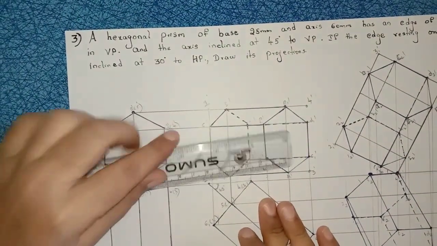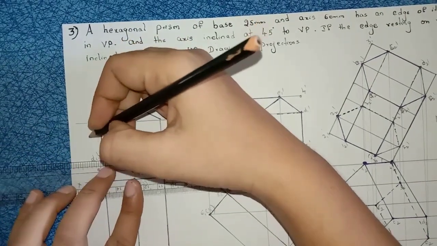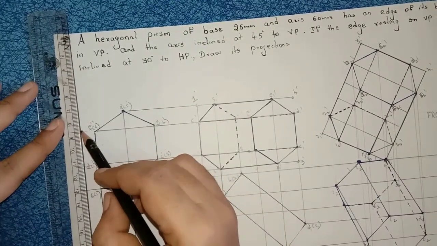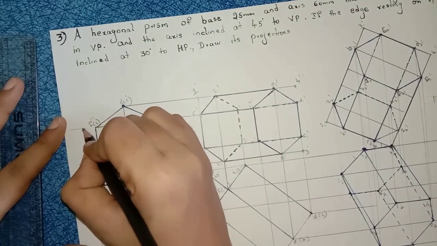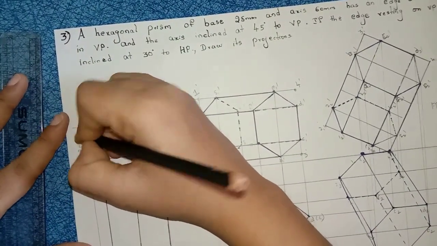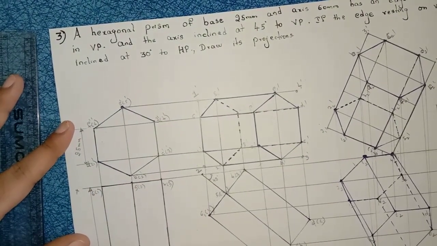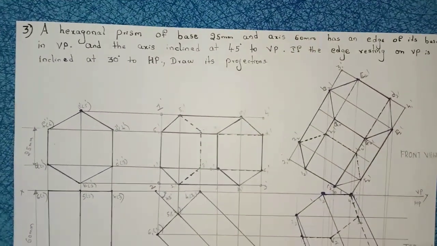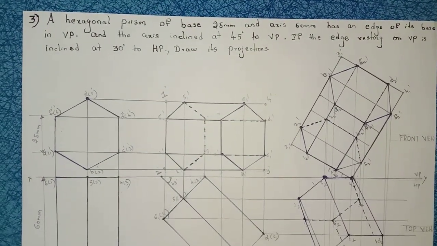After completion of your diagram, mark the dimensions properly. In this question, they mentioned hexagon base is 25 mm, right, and axis height is here 60 mm. Right? So this is your hexagonal prism problem which is lying on VP, right?